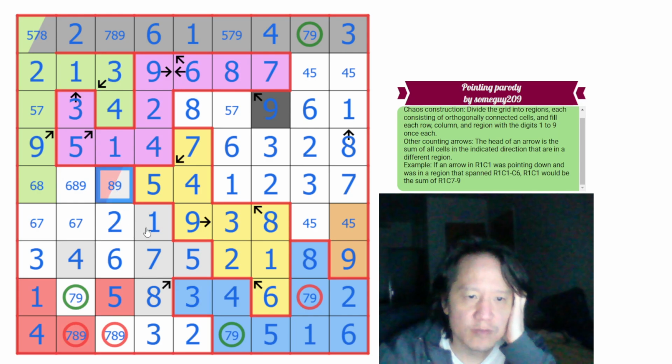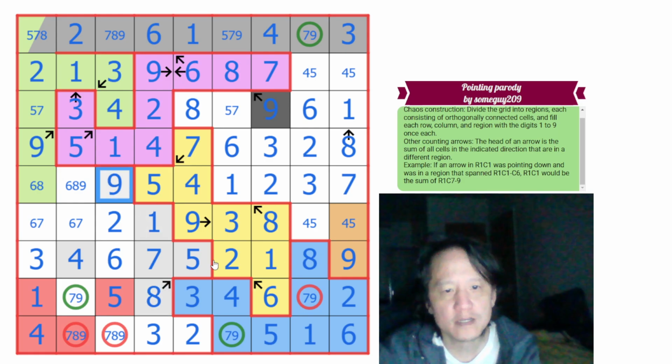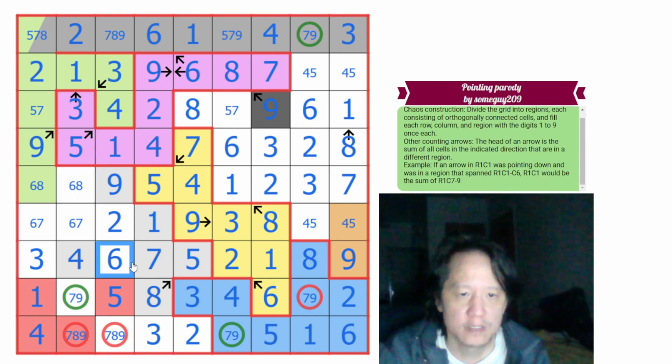Can this actually be red? Is the question. 1, 2, 3, 4, 5, 6, 7, 8, 9. No, so this cannot be red. Therefore, it has to be light. Therefore, this is 9. So this is 9, which makes this 6, 8, 6, 8.